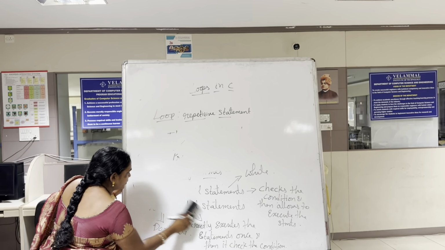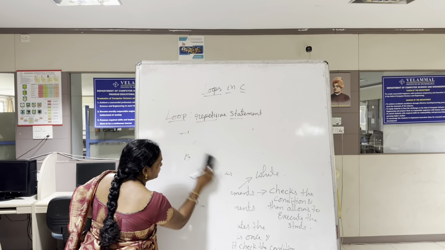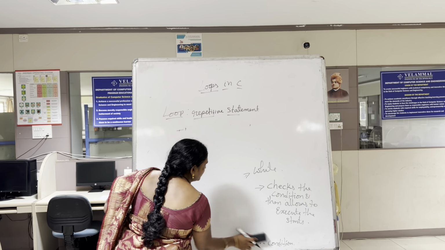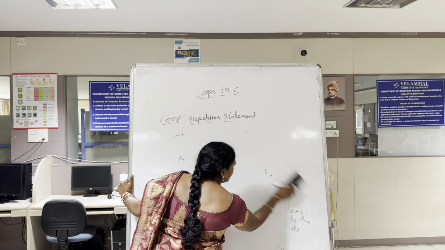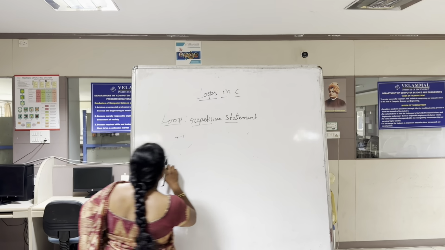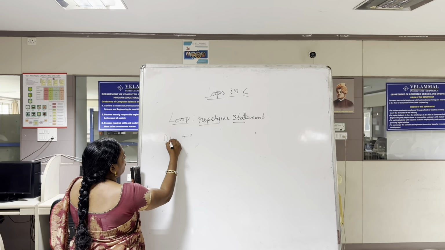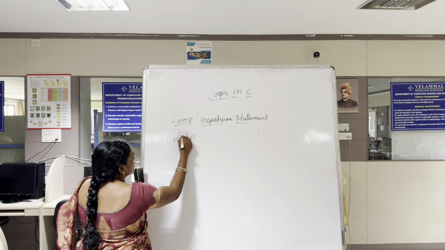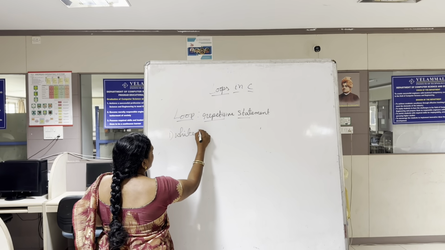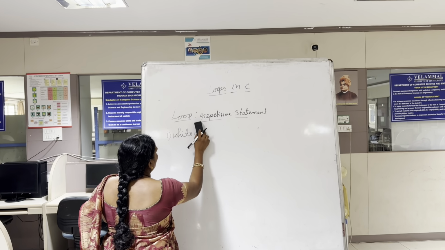So these are the different types of looping statements we are going to discuss now, the list of iterative statements or looping statements. The first type of looping statement is the while statement.